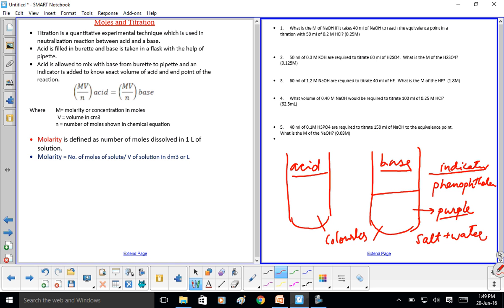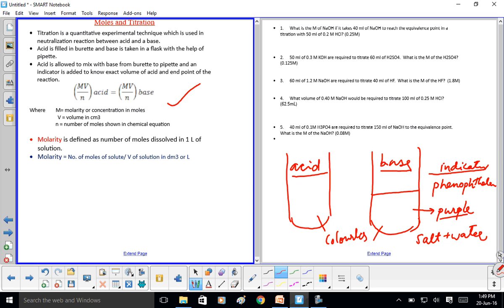When the reaction is over, we have this formula: M or C. Molarity of base times volume of base by number of moles.